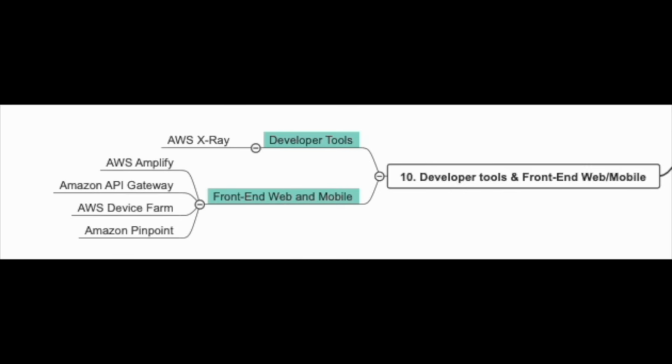The 10th service topic is related to developer tools and front-end web and mobile. Among the developer tools, there is a service called AWS X-Ray, which provides distributed application tracking and debugging. Additionally, AWS provides a variety of tools and services that support the development workflow of Android, React Native, and JavaScript developers.